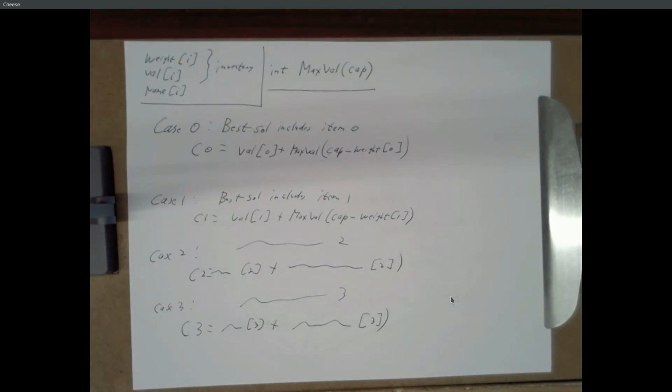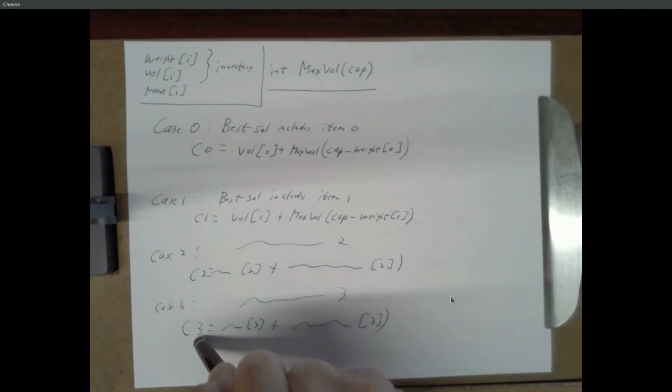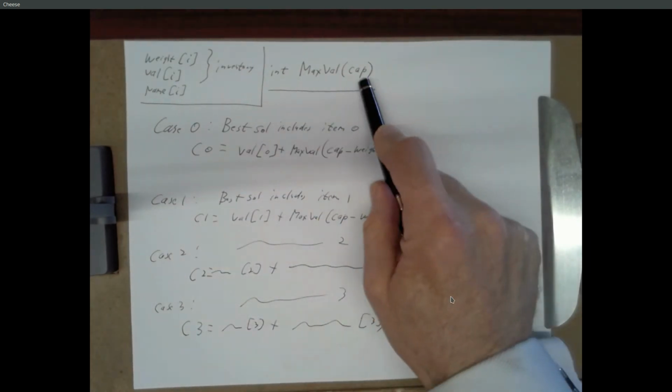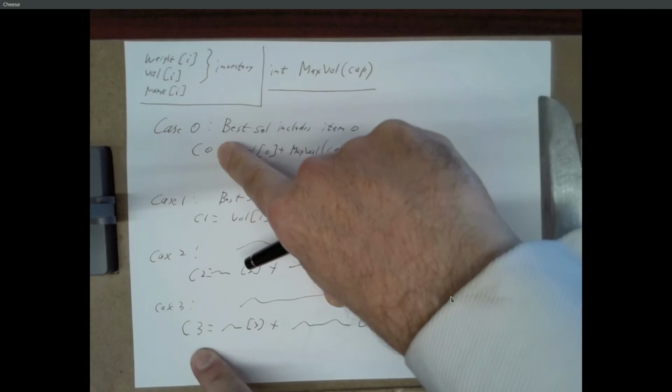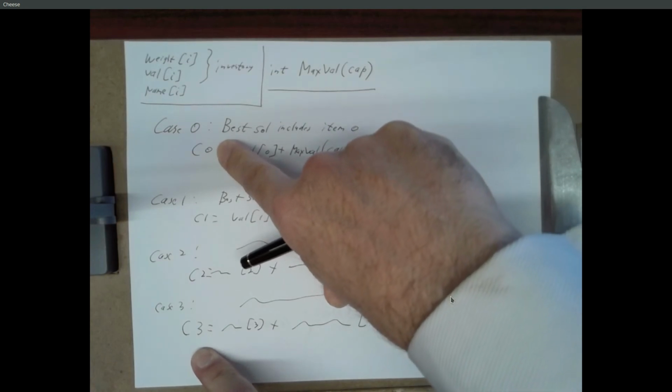Since I know I have to put at least one of items 0, 1, 2, or 3 in my bag, and in each case, the best value I can get out of my original bag is either C0, C1, C2, or C3, my value for MaxVal of cap is one of these things. It's either C0, 1, 2, or 3.